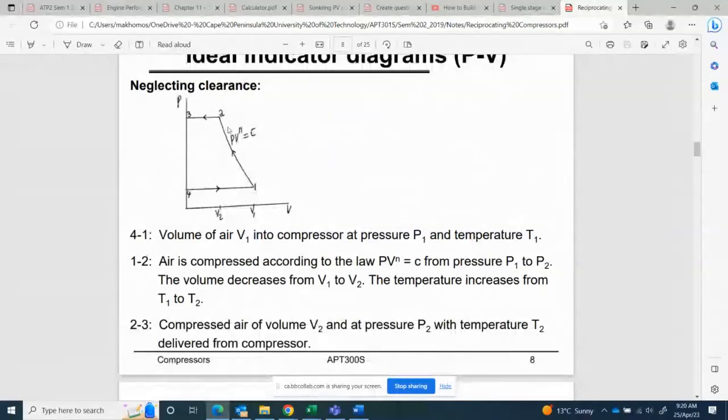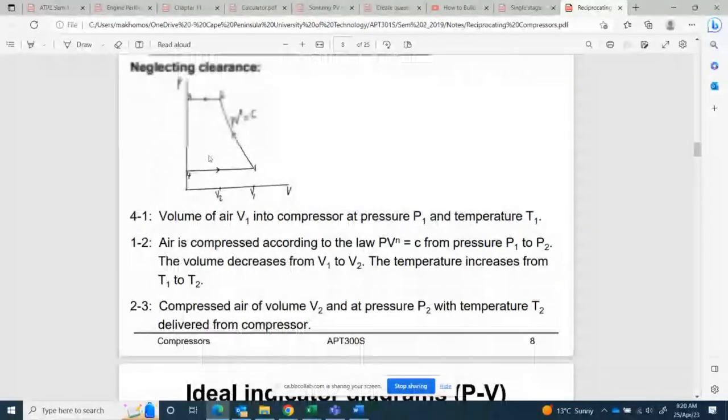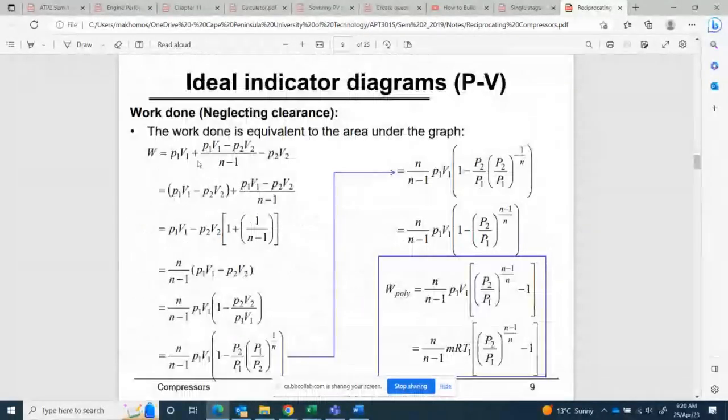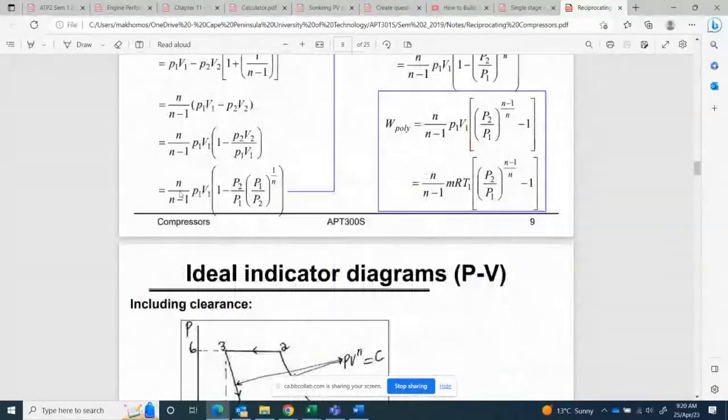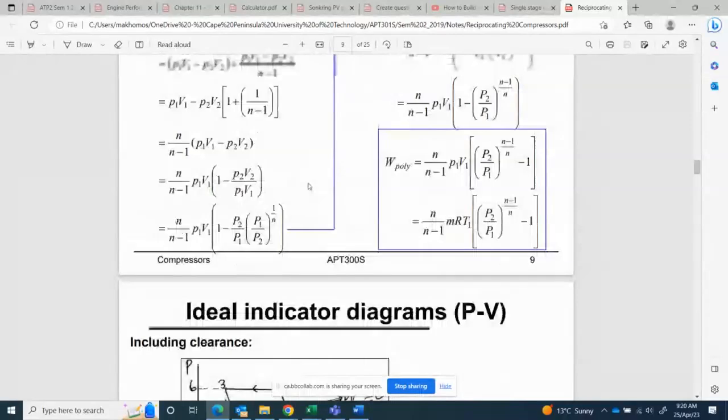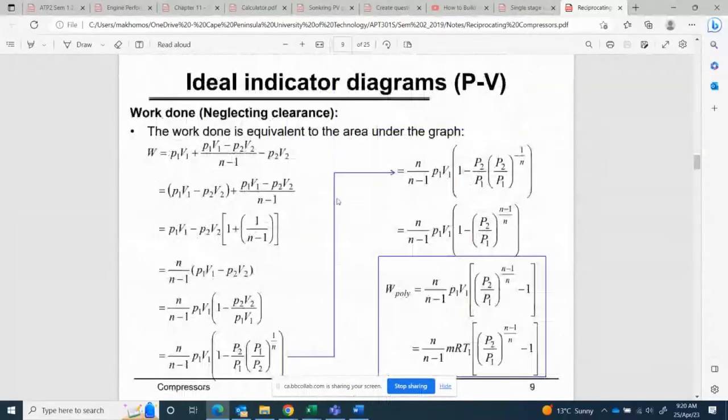They cut this sketch into two areas, area 1 and area 2, and they add the two, the first one and the second one. Eventually they have n over n minus 1, P1 V1, 1 minus P2 over P1... and the final formula is: work done is n over n minus 1, P1 V1, (P2 over P1)^((n minus 1) over n) minus 1.